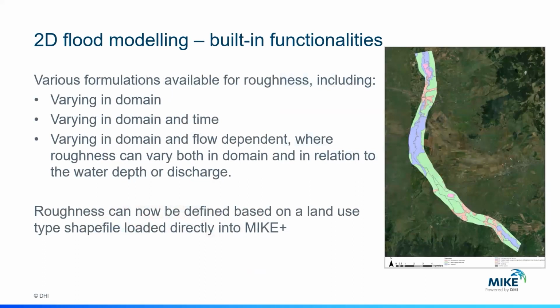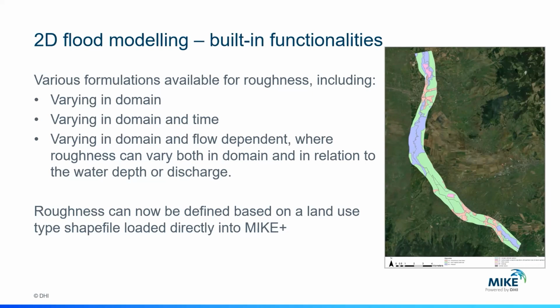Again, falling into the ease of life functionalities, Mike Plus embeds a series of possibilities to consider the roughness coefficient specification, which is one of the main parameters to be adjusted when calibrating the hydraulic models. The users have the possibility of specifying the roughness coefficients based on external land use shapefiles that can be loaded as a background file into Mike Plus.